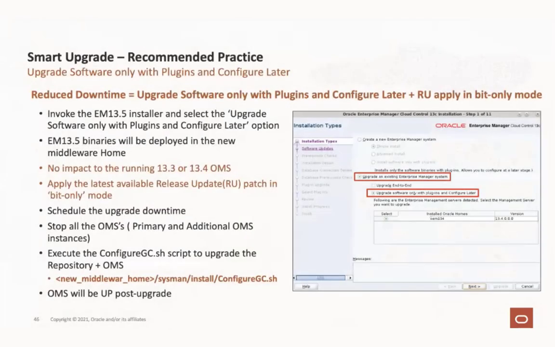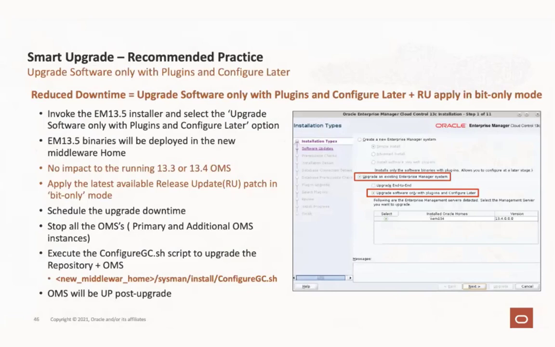And some of the recommendations, in order to get reduced downtime, this is one of the methods we are recommending to customers, where I talked about in my initial section, where you can select this upgrade software only, which will help you to reduce the downtime. Because this is going to place the binaries while your EM is up and running, right?